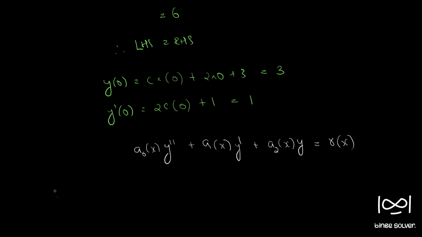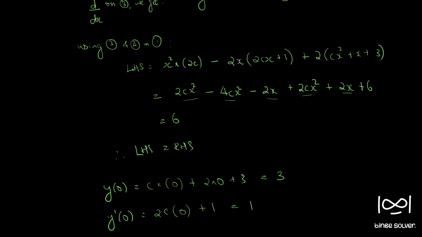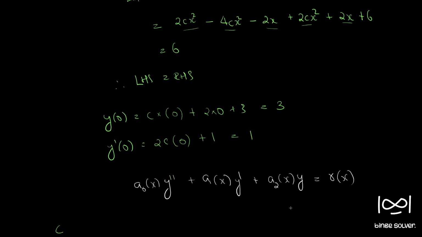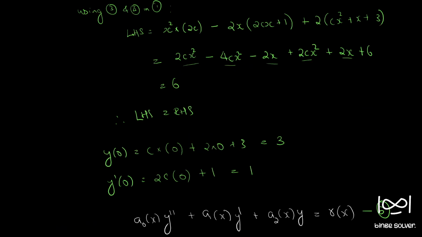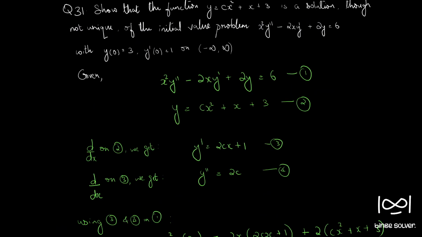So we are comparing this form with that. Let me write, give this equation 4, and this is 5. Comparing 1 and 5, we get a0(x) is x².